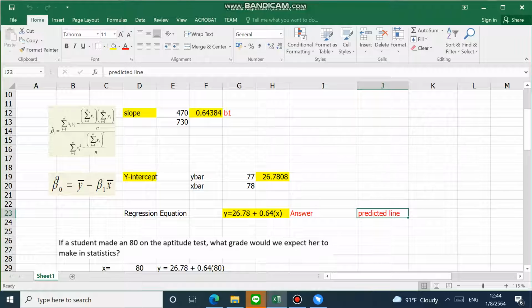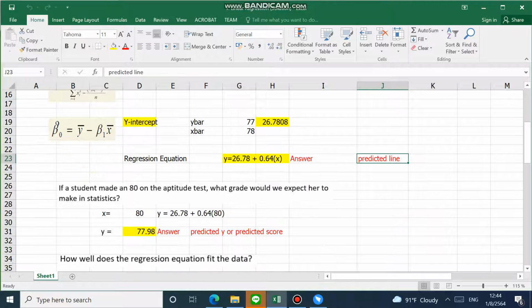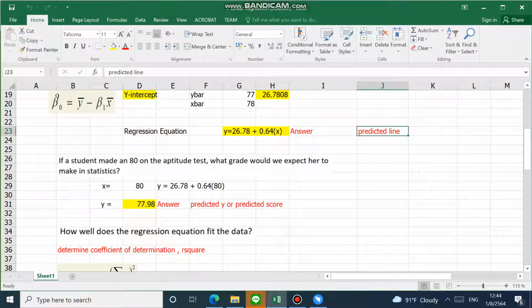In the exam it's very similar. So next question is, if a student made an 80 on the aptitude test, what grade would we expect her to make in statistics? So look at the questions, we give you the value of x.